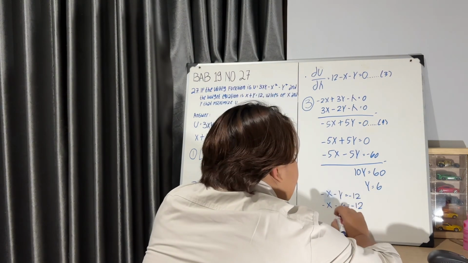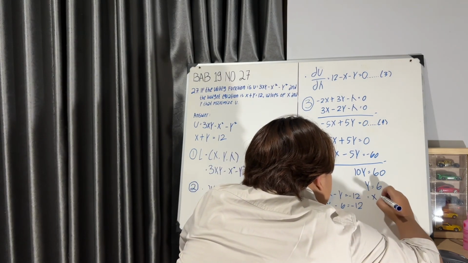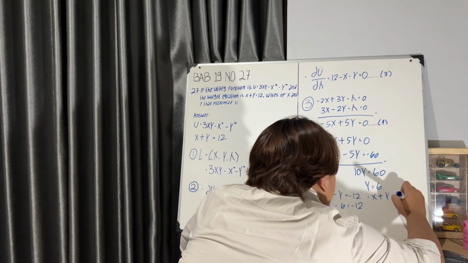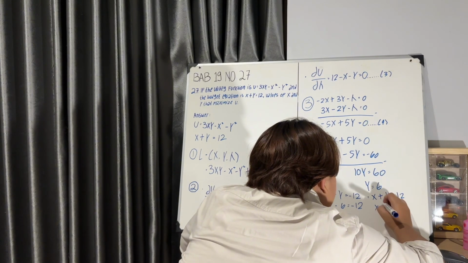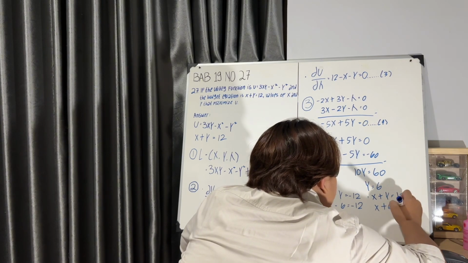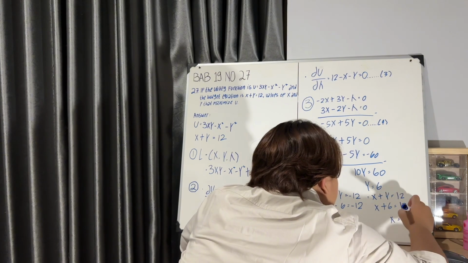That is, x plus y is 12, x plus 6 is 12, and x is 6.